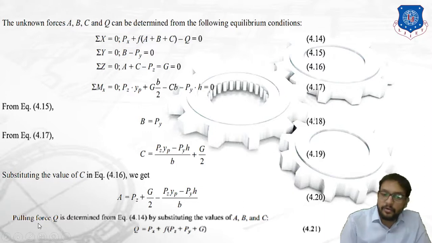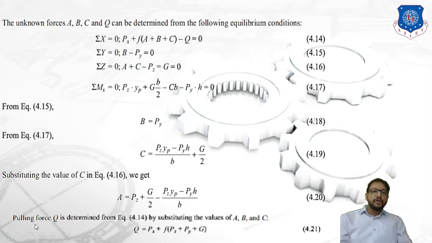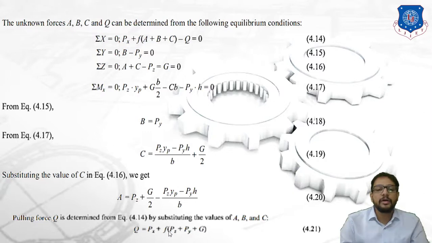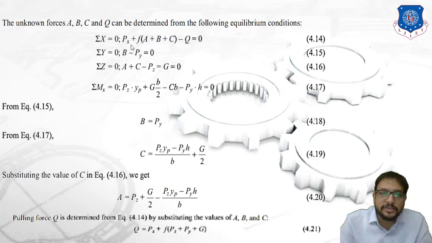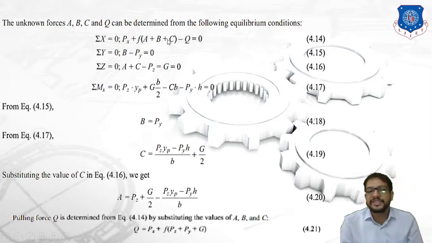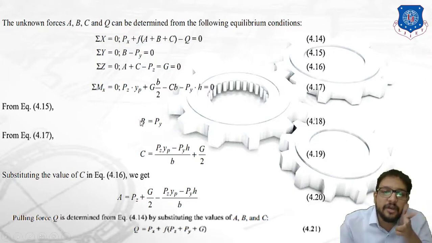Next, we need to determine the pulling force. So pulling force Q is determined from our equation 4.14. You can see that it is the summation of all the forces along the x-axis, that is along the x direction. In this equation we can substitute all the values of normal forces A, B and C, which we have found out over here.